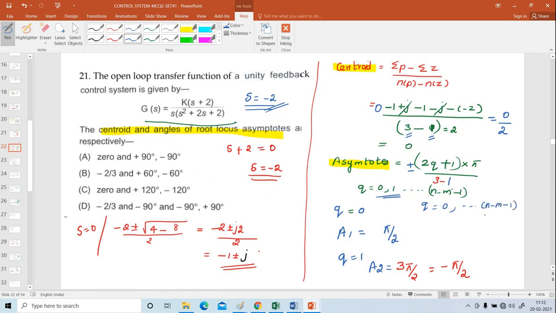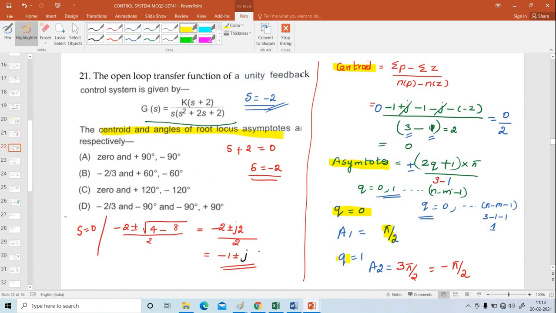N is number of poles 3, number of zeros 1, and minus 1. So 0, 1 are the values of q. First substitute q equal to 0. So A1 is 2 into 0 plus 1, divided by 2, into pi. That is pi by 2, the first answer.